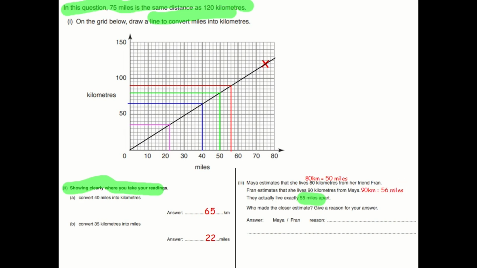So the 90 kilometre estimate is 56 miles. So who made the closer estimate? Well, we're told that they live exactly 55 miles apart, so therefore who's closer? Fran's estimate of 56 miles is close because it's only 1 mile away from the target. So Fran, because her estimate was only 1 mile more than the actual distance.